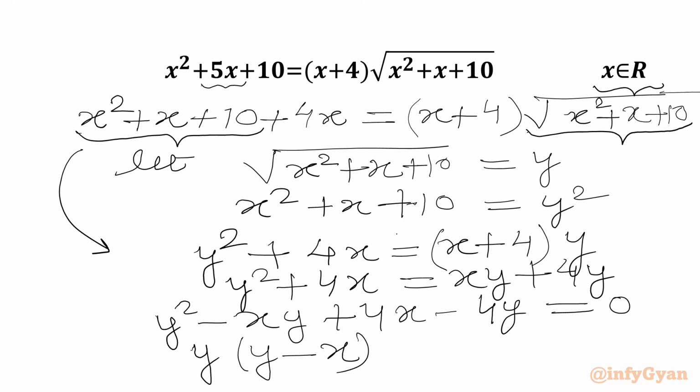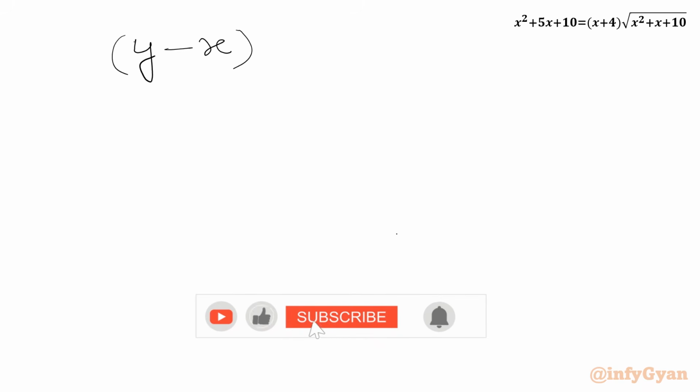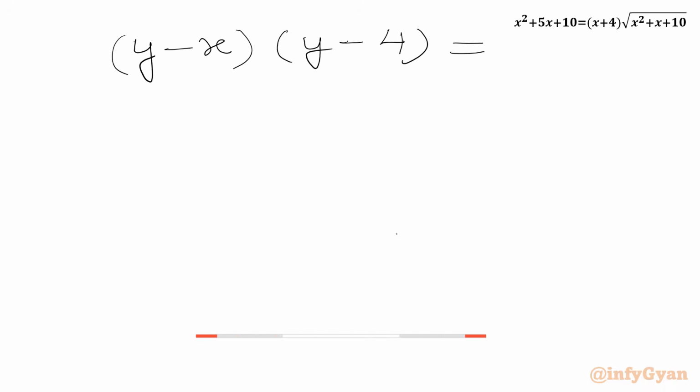From next two terms, if we take minus 4 common, then we are going to write (y minus x) once again, equal to 0. Now y minus x is overall common. In the other bracket, we will write y minus 4. So our factorization is done. We will write (y minus x) times (y minus 4) equal to 0.